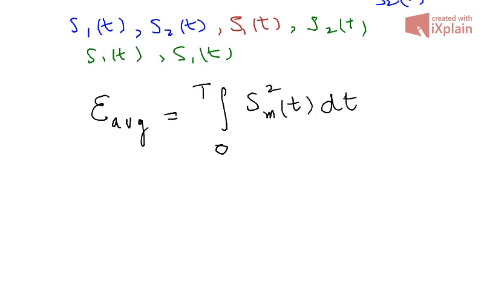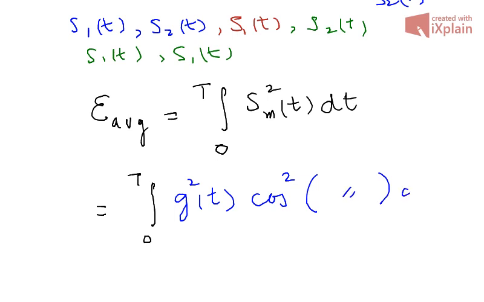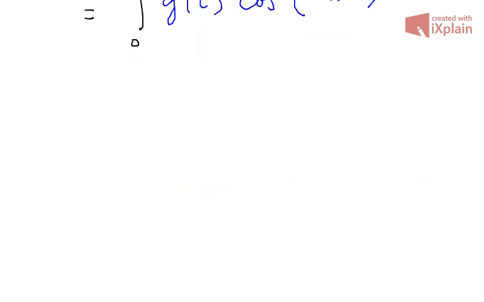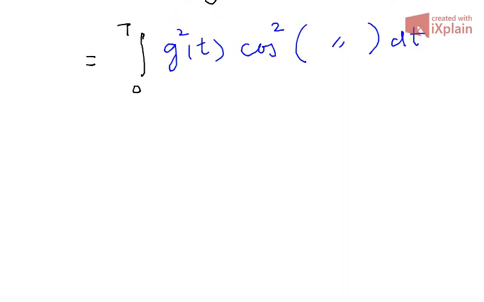So if you square it, from 0 to T you have g squared of t times cos squared, and this is how you can find the average energy of this waveform.